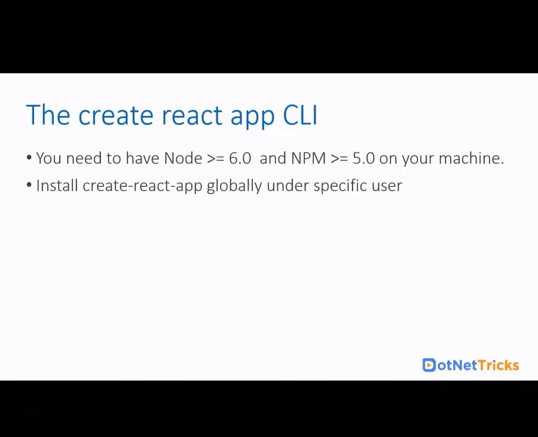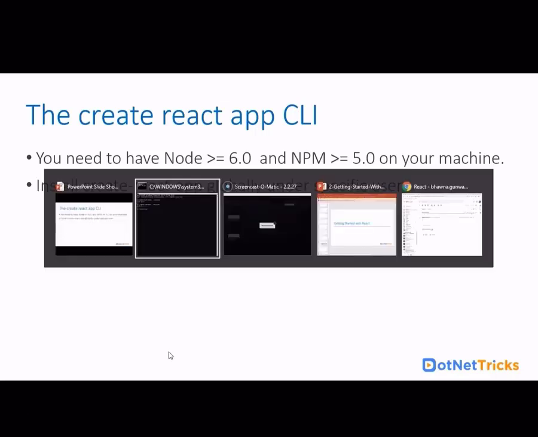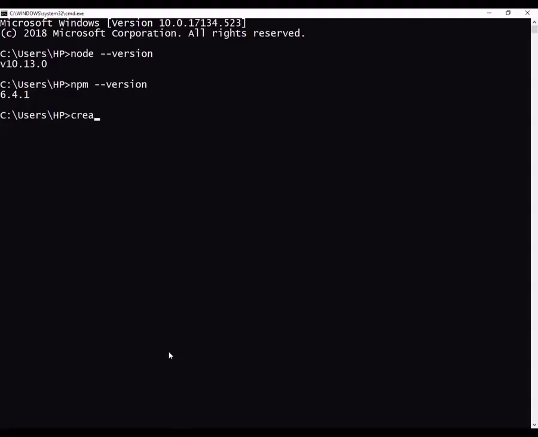Afterwards, we need to create the application with Create React App, which is a global package installed on the machine. We can also check whether Create React App is installed on my machine or not. For that, we can simply write create-react-app --version.